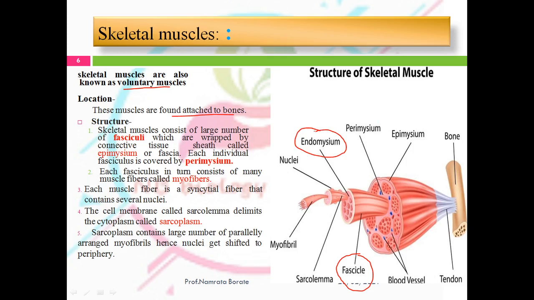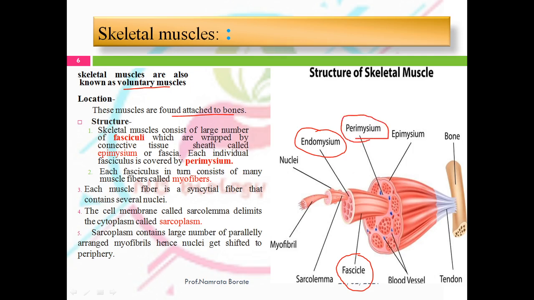So this is one fasciculus, second fasciculus, third fasciculus. Each of the fasciculus is covered by the perimysium.